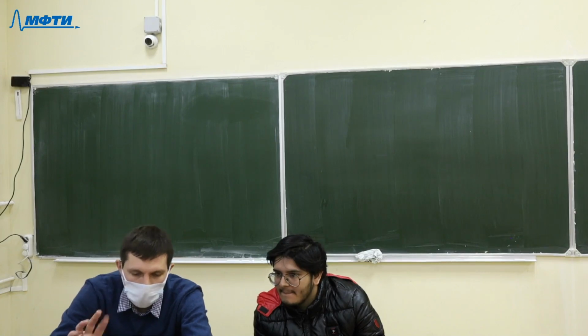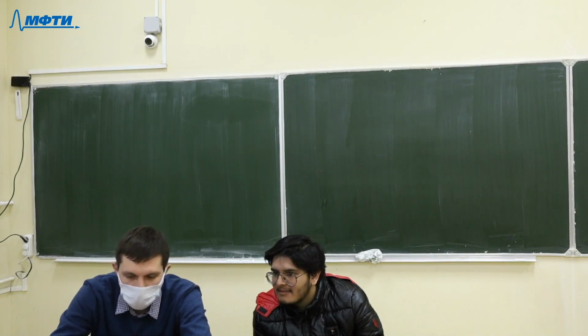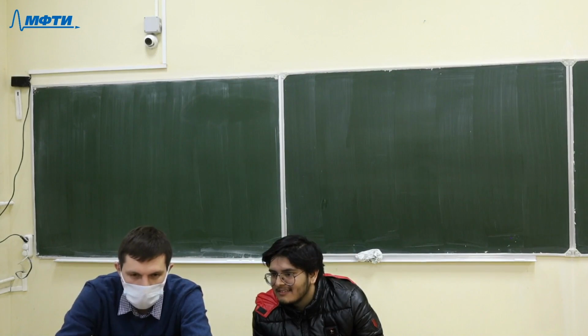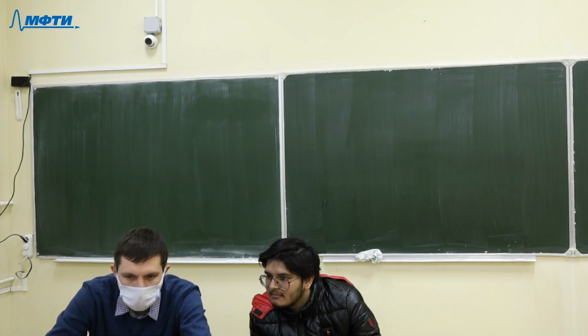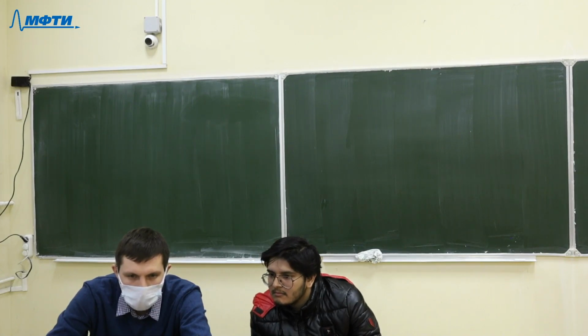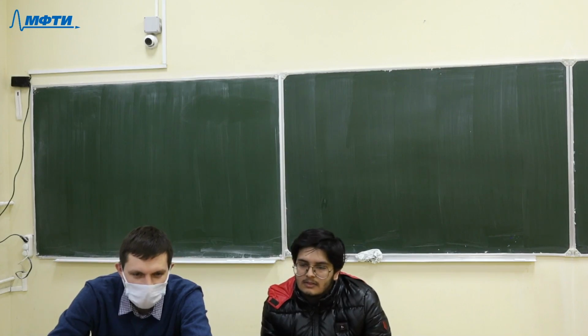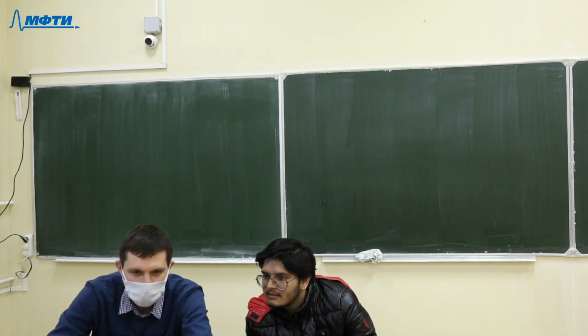Okay, let it be 7 or 8, but right now let it be 7, just to see what will be. So number 1, plot, let it be also 7. Let it be 7.